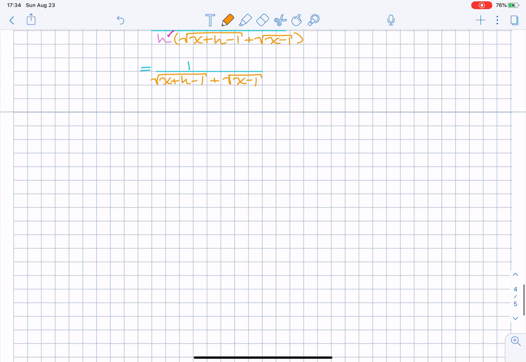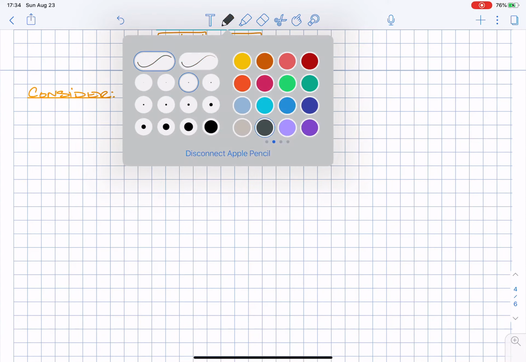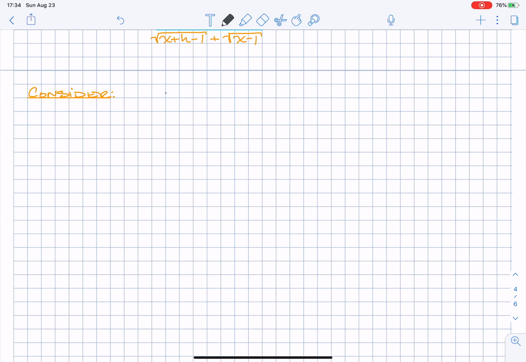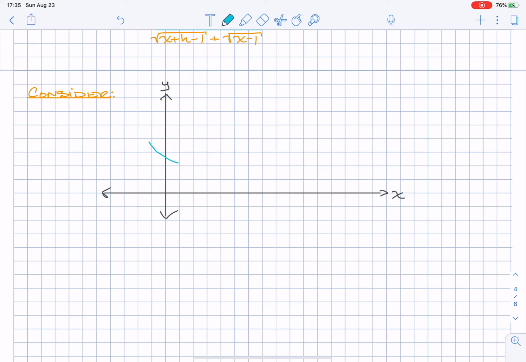Okay. So let's consider x and y coordinate axes. And let's have a nice sinuous graph that looks something like so.